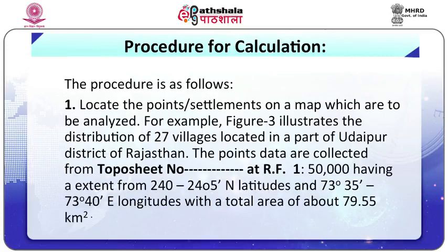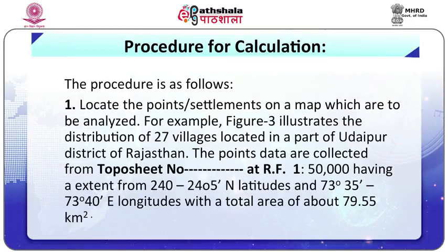Now, the procedure for calculation is as follows. Number 1, locate the points or settlements on a map which are to be analyzed. For example, figure 3 illustrates the distribution of 27 villages located in a part of Udaipur district of Rajasthan.